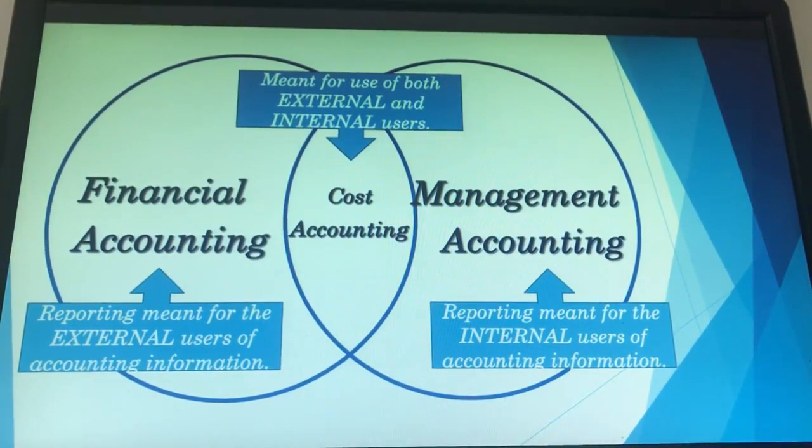Magkano ba yung nilalabas mong pera para makabili ng mga dapat mong ibenta? Kunyari, simplehan na lang natin. Ikaw ay may sari-sari store. Siyempre, bago ka makapagbenta sa sari-sari store mo, kailangan mo munang bumili ng mga ibebenta mo.